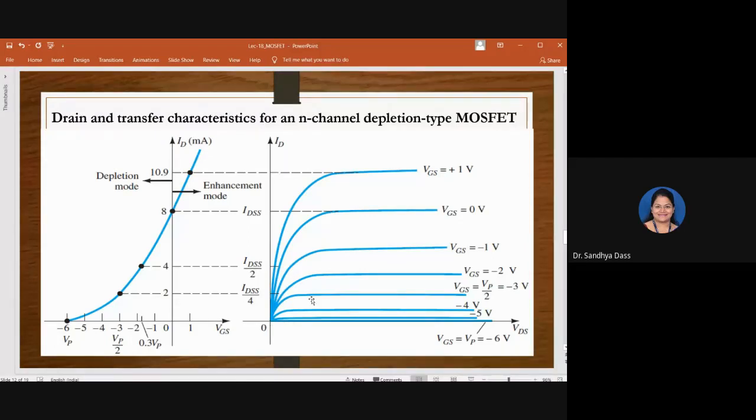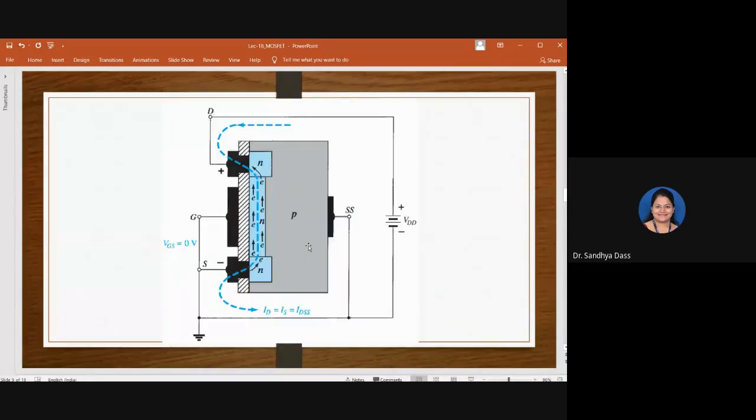Now, there is one difference here in the MOSFET characteristics. Observe that if VGS, the voltage applied across gate and source, is positive, what happens? Gate is made positive. What happens?